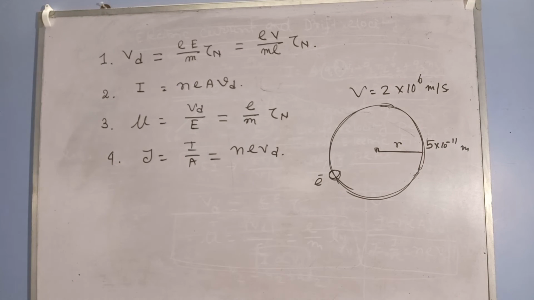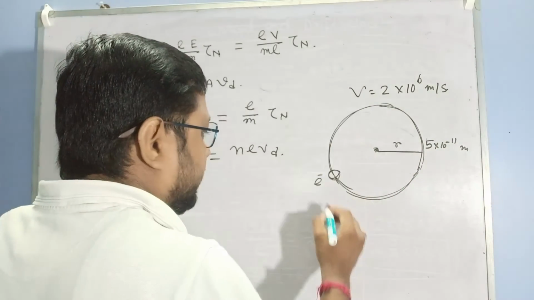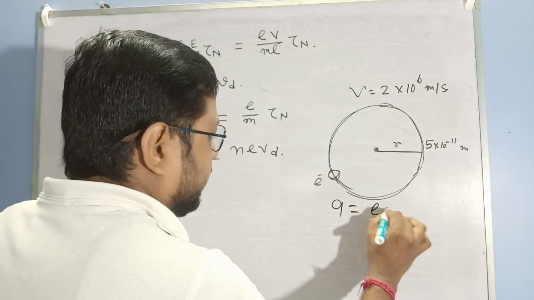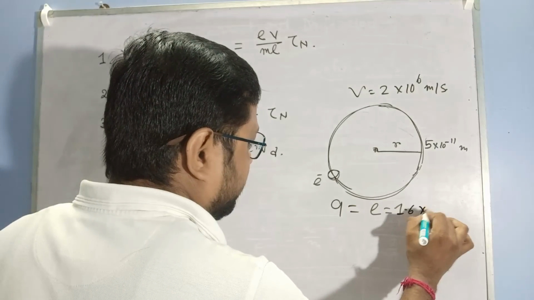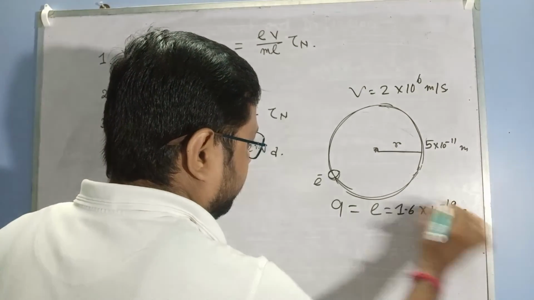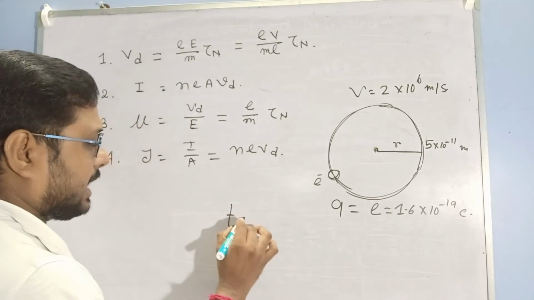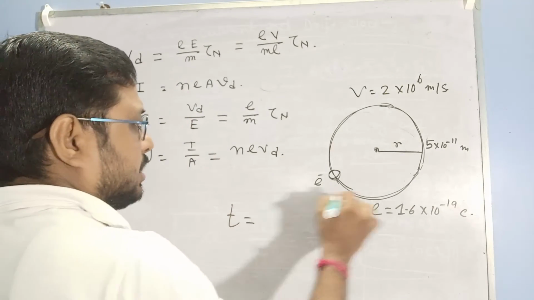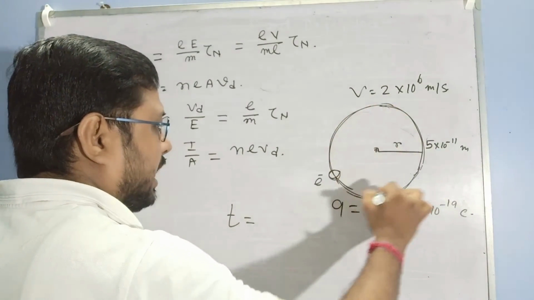Now, how can we derive it? As the electron is revolving, we take Q equal to e equal to 1.6 into 10 to the power minus 19 coulomb, neglecting the minus sign. Now, what is T, the time of revolution? T is for one complete cycle.